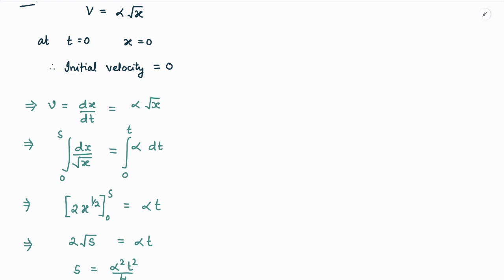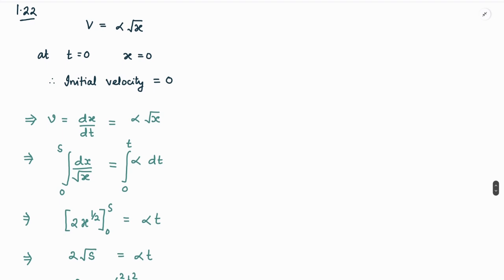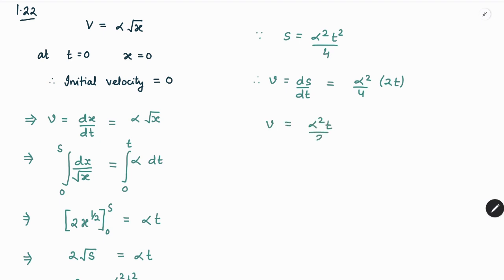So since velocity and acceleration is asked, we can say that since s is equal to alpha square t square by 4, we can write v equals ds by dt, and from here we obtain alpha square by 4 times the derivative of t square with respect to t, wherein v equals alpha square t by 2, and a equals dv by dt.